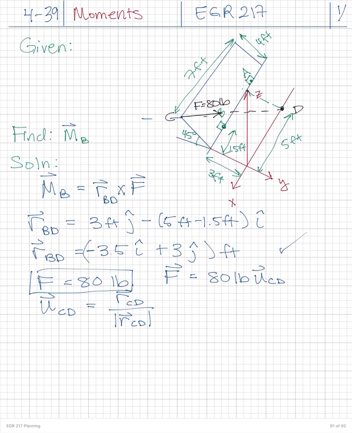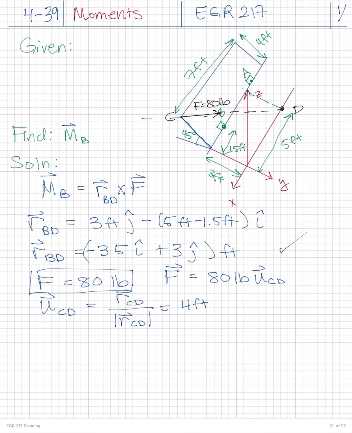So the position vector from C to D: we start at C and want to go over to D. To get to D, we need to go down in the Z direction. We know that angle is 45 degrees, and we know the length of this door is 4 feet. So 4 feet times cosine of 45 degrees.